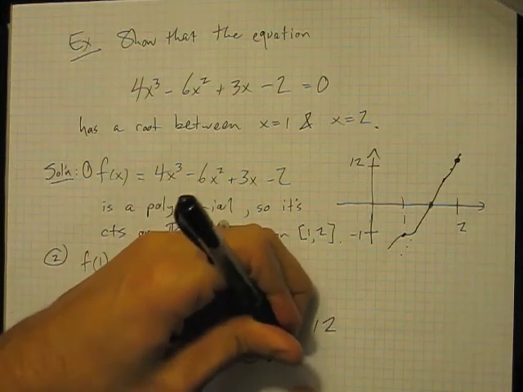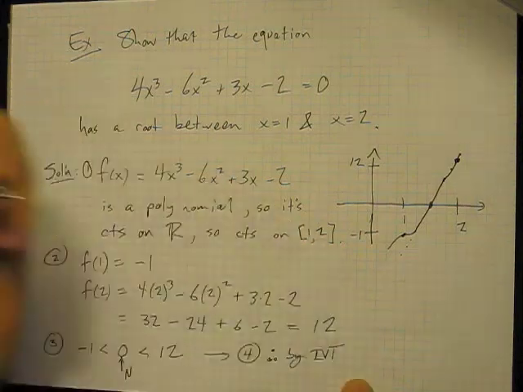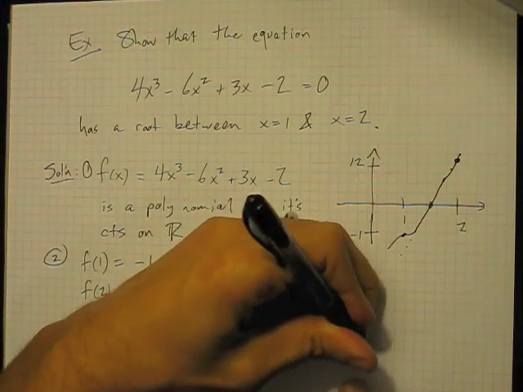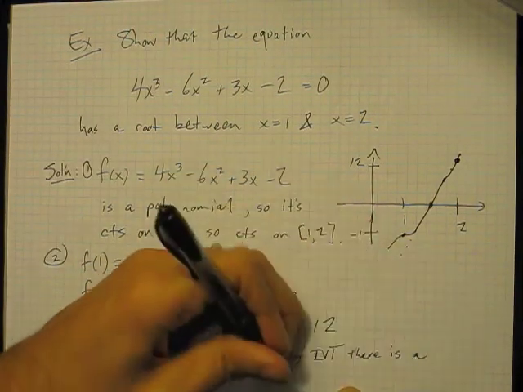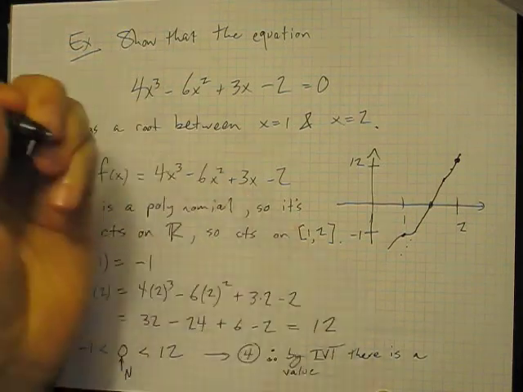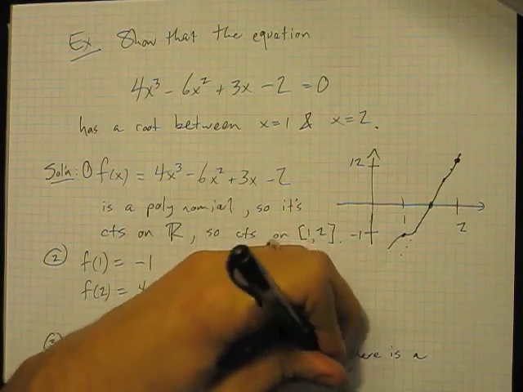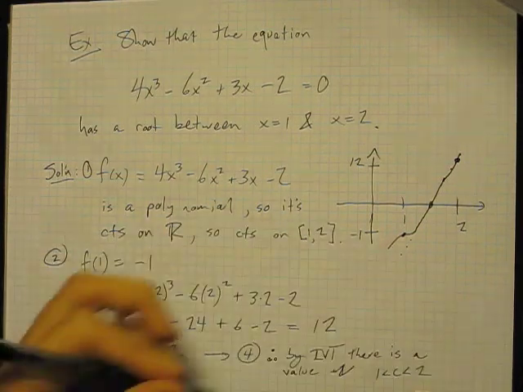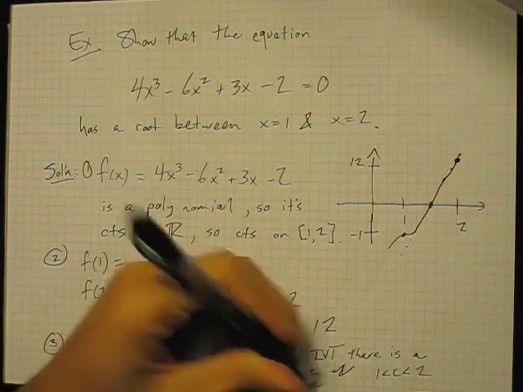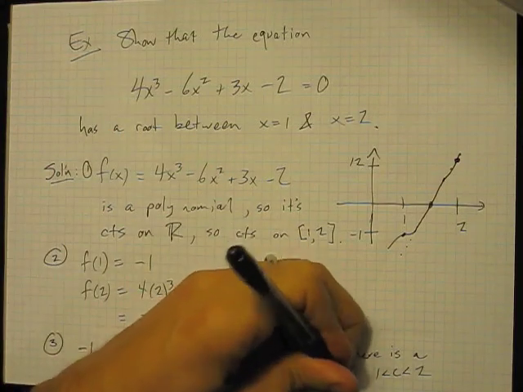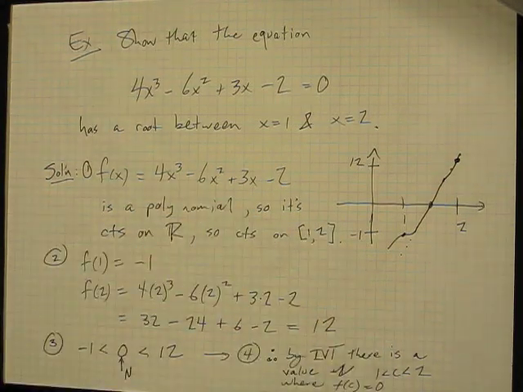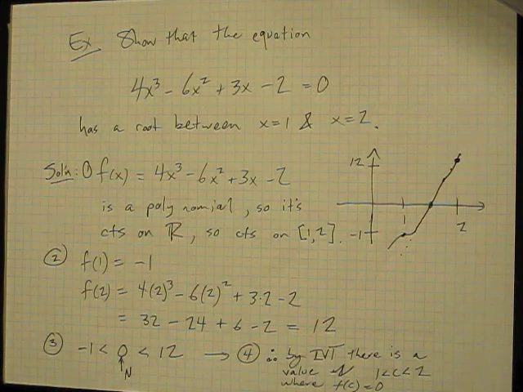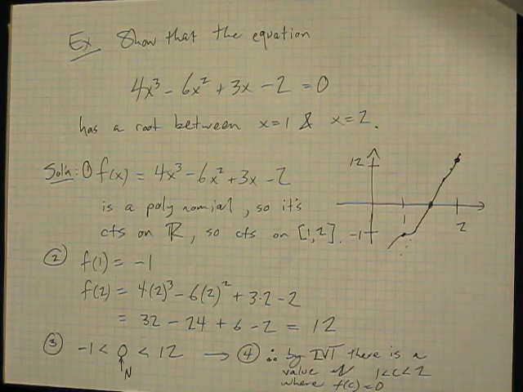Therefore, by the intermediate value theorem, there is a value, let's call it c, in between 1 and 2, where f of c equals that intermediate value. Let me just check to make sure that you can see that. That's right. Okay, good. That's all we needed to show. So we're going to stop there.